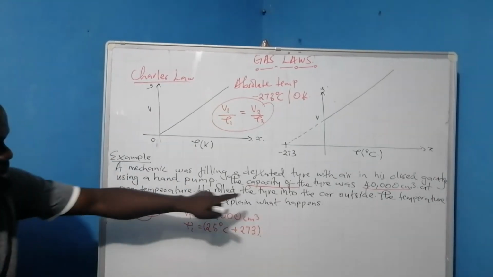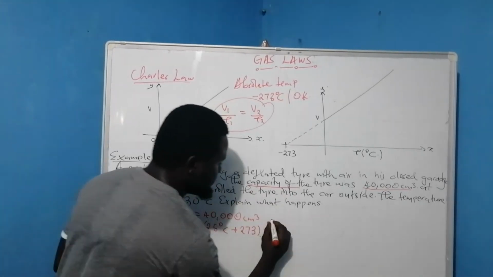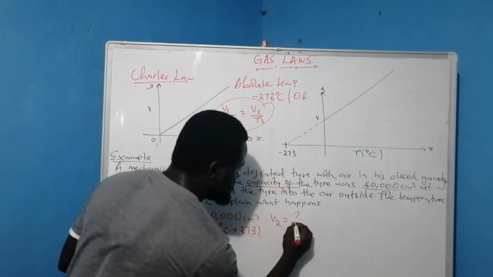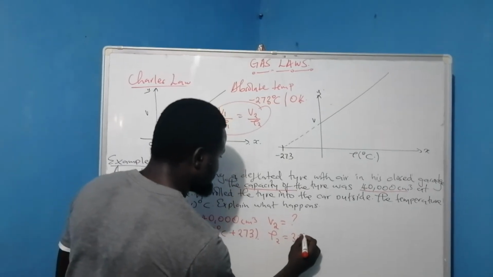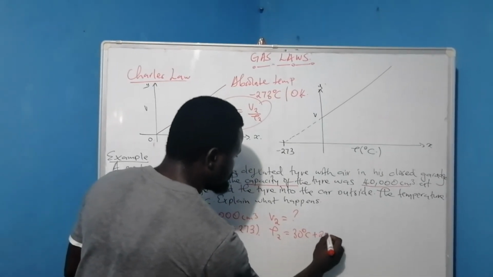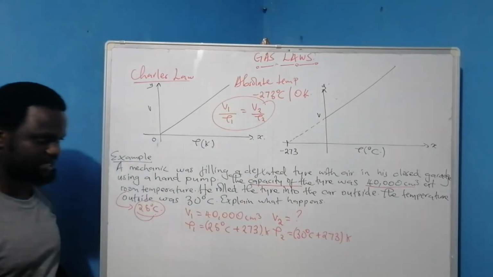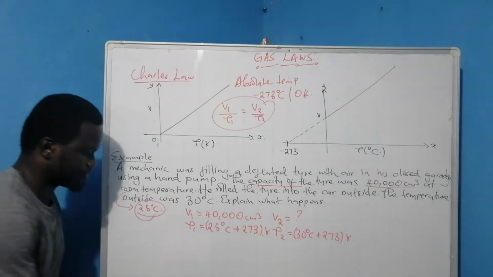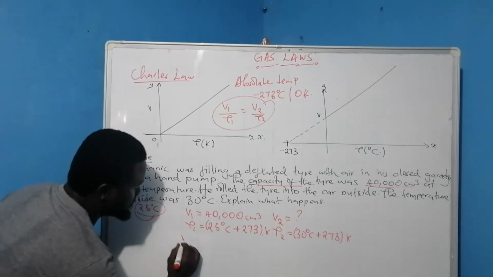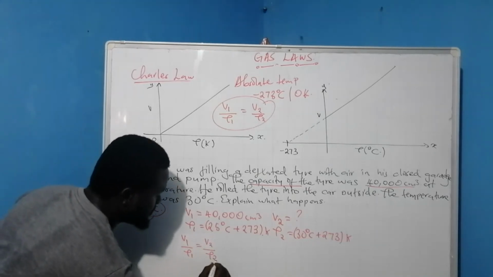Now, we are also told that the temperature outside was 30 degrees Celsius. So I must get V2, and the temperature 2 is equal to 30 degrees Celsius. I must add 273 so that it can be in Kelvin units. So I calculate the value for V2. And how do I get V2 from this expression? I know that V1 all over T1 is equal to V2 all over T2.